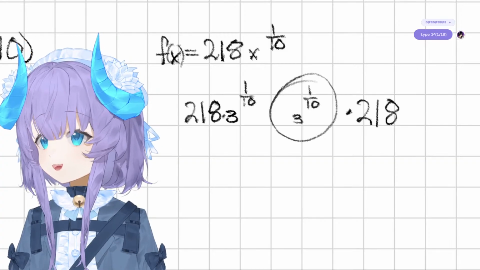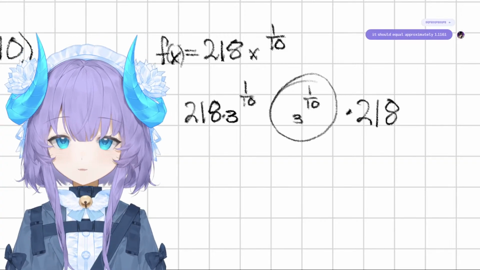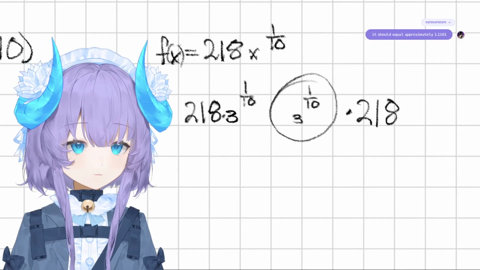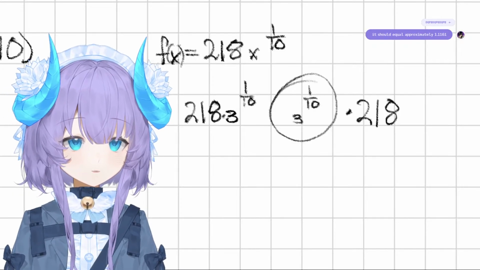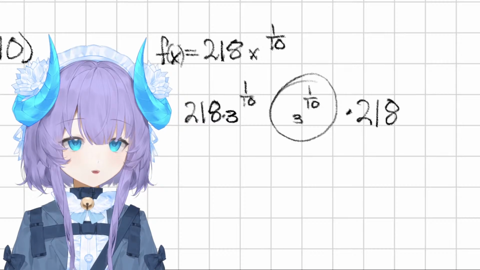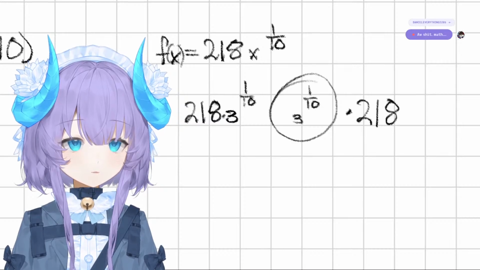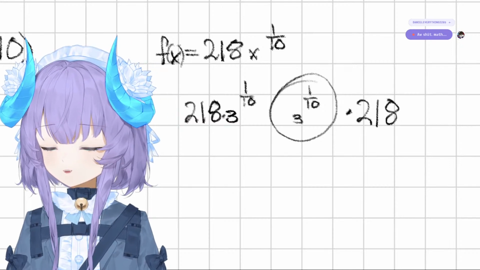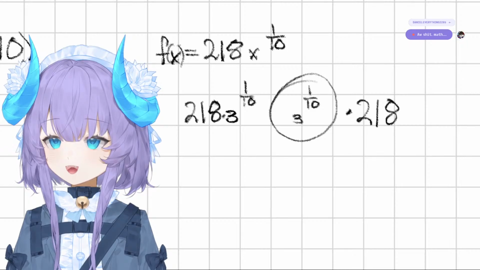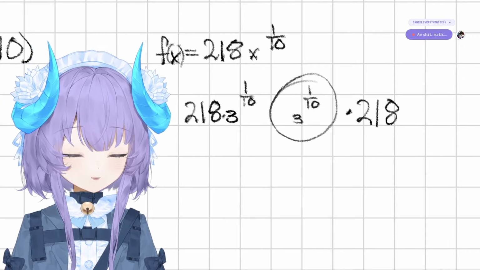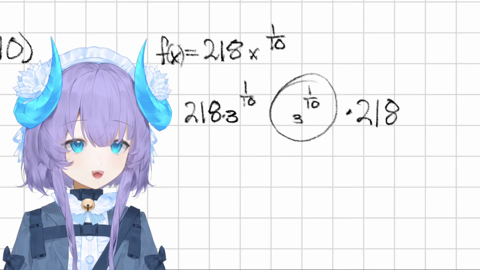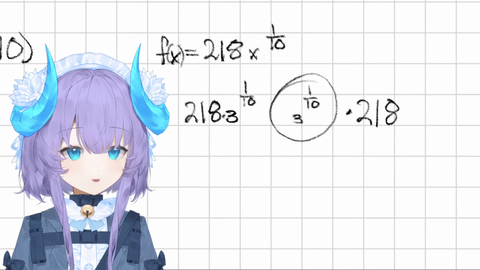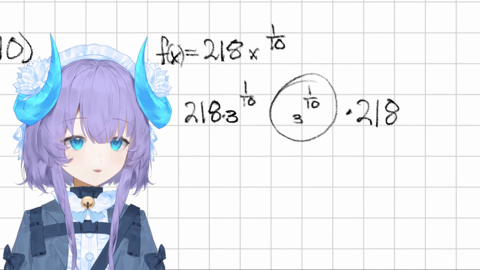There are parentheses! Oh my god, yes, right. 3, parentheses 1 divided by 10 in parentheses. Oh shit, here we go again. It's math. Now I can times that by 1, 2, 8.